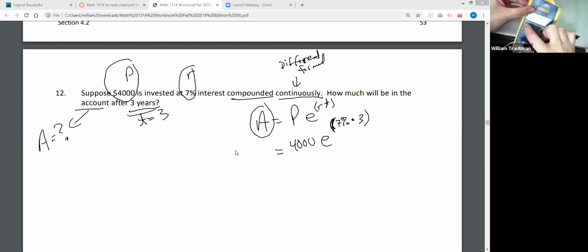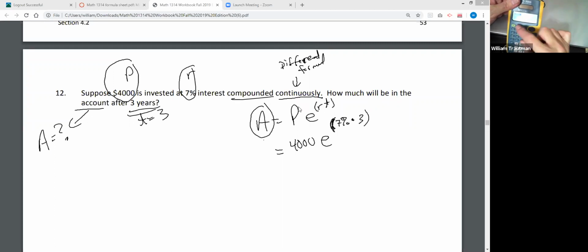Watch, if I hit second LN, first I got to turn my calculator on. Second LN, do you see E pops up? LN is E to the X. So second LN gives me that E. So to type this into my calculator, we have to type in 4,000.